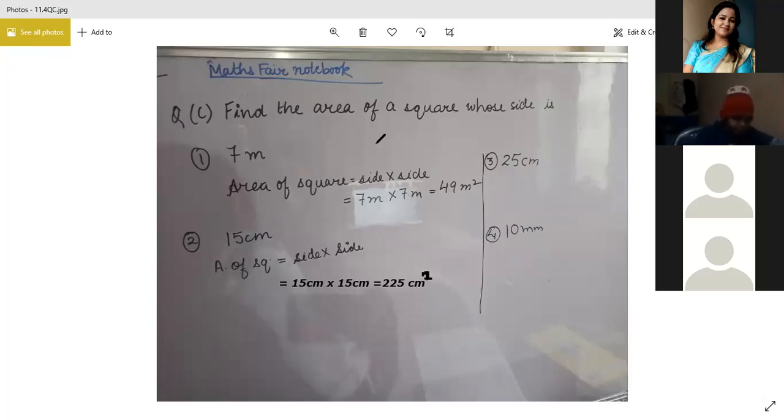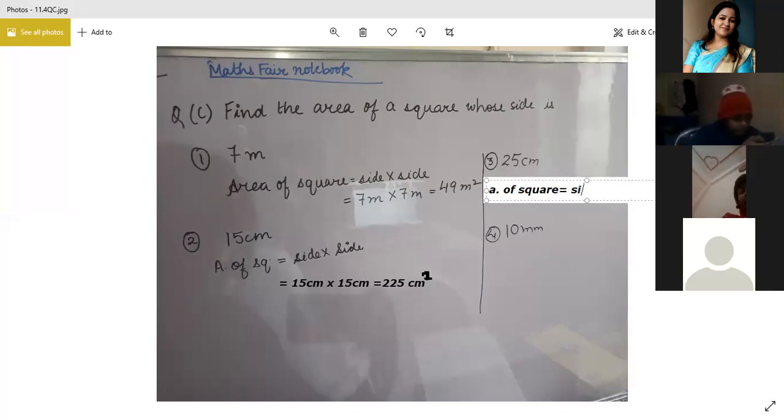Okay. Similarly here. Again here this side 25. इसको क्या करेंगे? 25. First we will write area of square is equals to side multiply by side, each side. Okay, area of square is equals to side multiply by side.